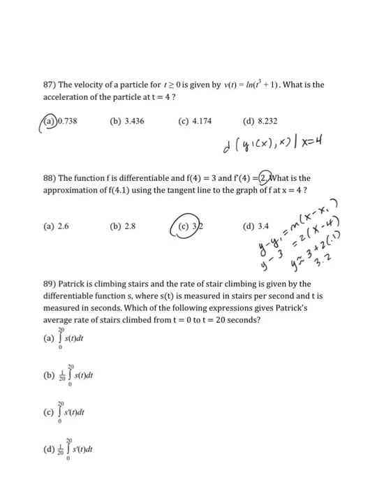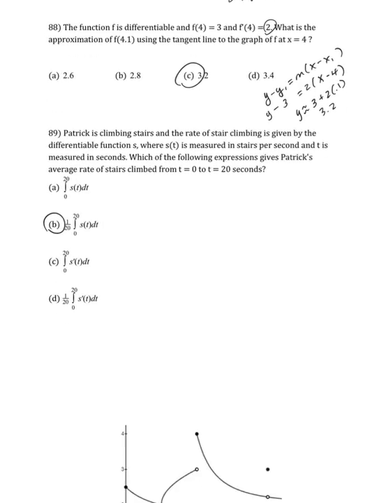When you integrate s of t, you're going to get a number of stairs. So if you want the average rate of stairs, you would integrate s of t, which would give you the number of stairs, and then the average would be from 0 to 20. So that's why it would be choice B. You have to read the words very carefully in these questions.